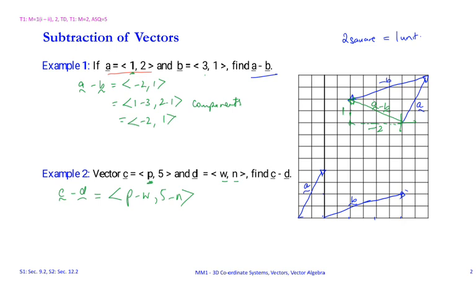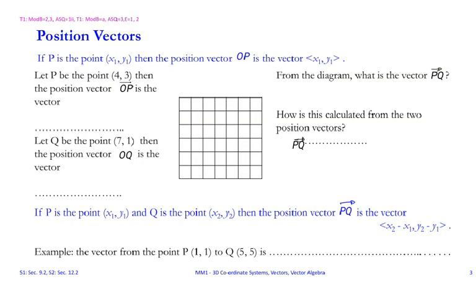Now we've just used general vectors, but what about position vectors? So when you're going from one position to the next. If we let P be a point x, y, then the position vector is the vector x, y.